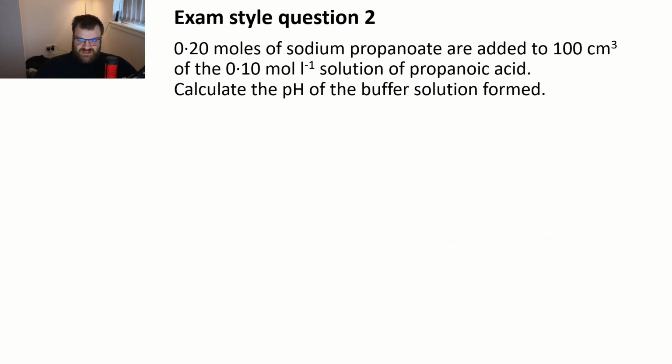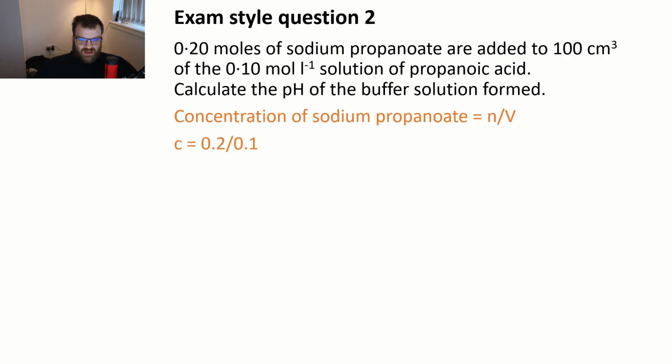In this question, we are told some information about what's going into the buffer solution, and we have to work out the pH. First thing we would want to do, I would say, is work out the concentration of sodium propanoate using concentration equals number of moles over volume. It's going to be 0.2 over 0.1 because it should be in litres, not in centimetres cubed as given.